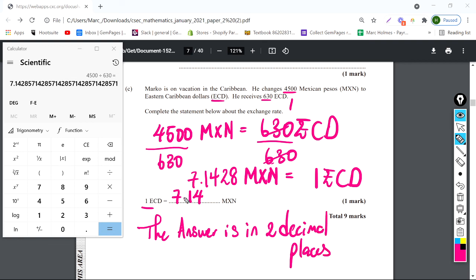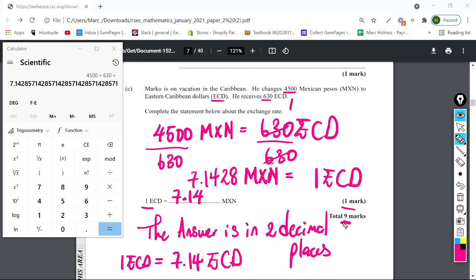And why, guys? Money is usually in two decimal places. It would be 7.143, but we're just going to leave it as two decimal places, 7.14. Cool. So this is the answer, guys. This was an easy question as well. It was also 1 mark.